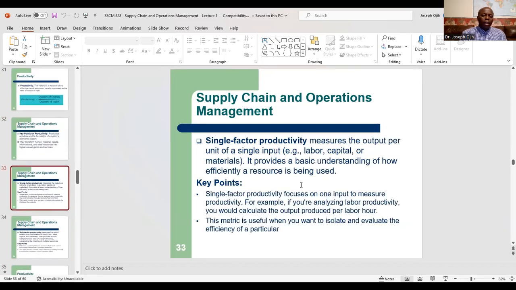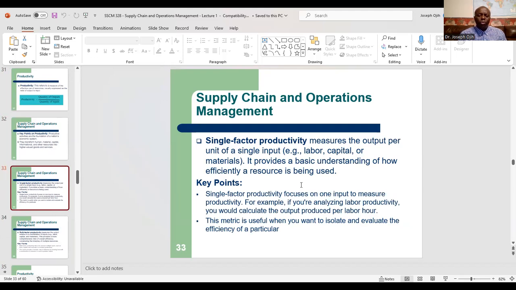Okay, now there are two types. We have single factor productivity, whereby the focus is on one input, using one input to measure productivity. For example, if you're analyzing labor productivity, you could calculate the output produced per labor hour.